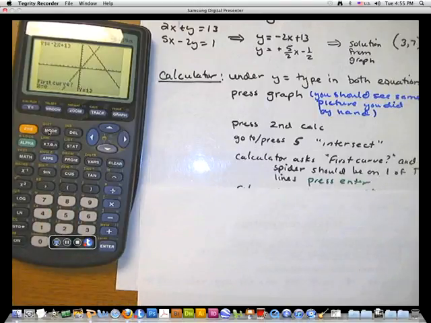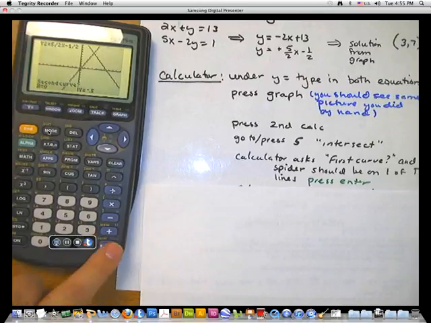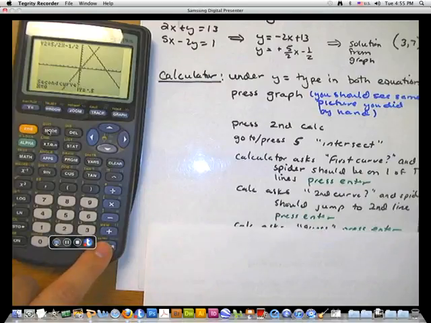And then the calculator is going to ask us some questions. It's going to say, is this equation up here in the left-hand corner the first equation? You're just going to hit enter, because yes, it is. Notice the equation changed at the top, and it's now asking you, is that the second equation? Yes, it is. Just hit enter.